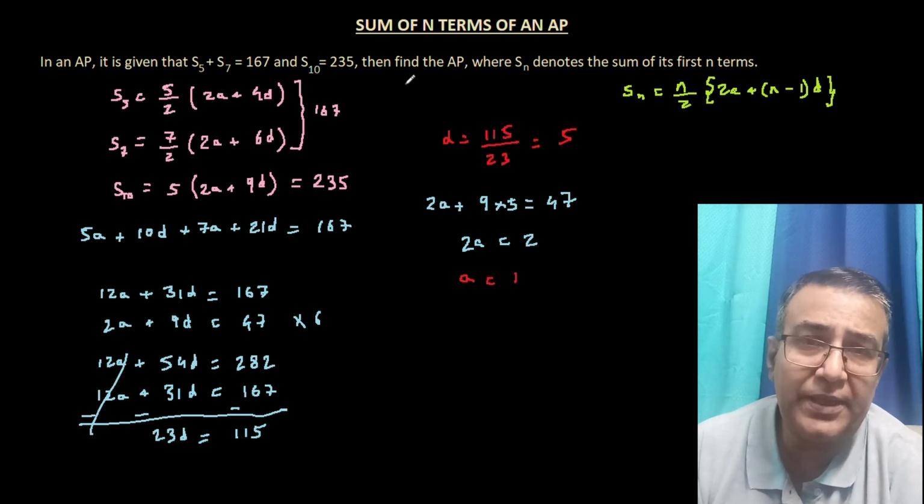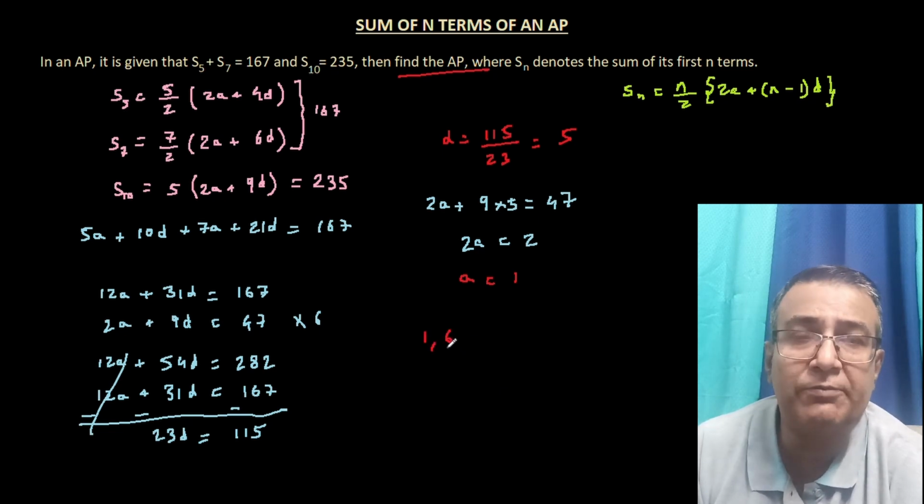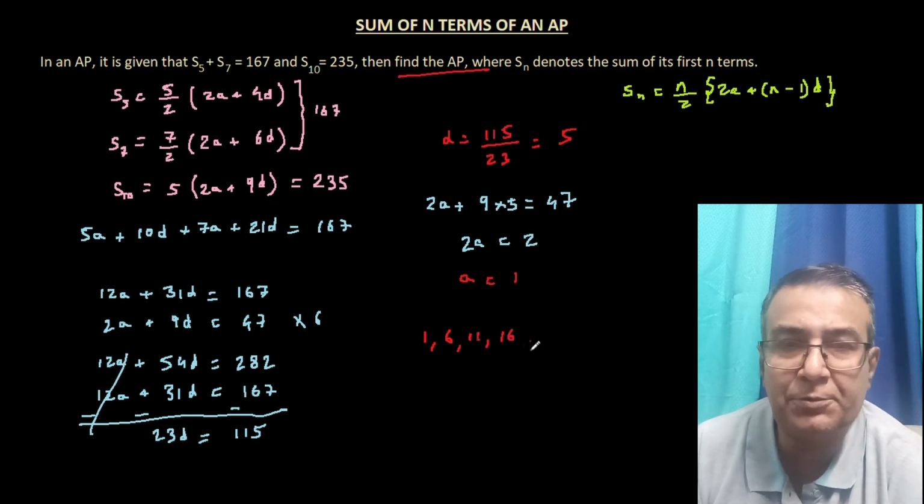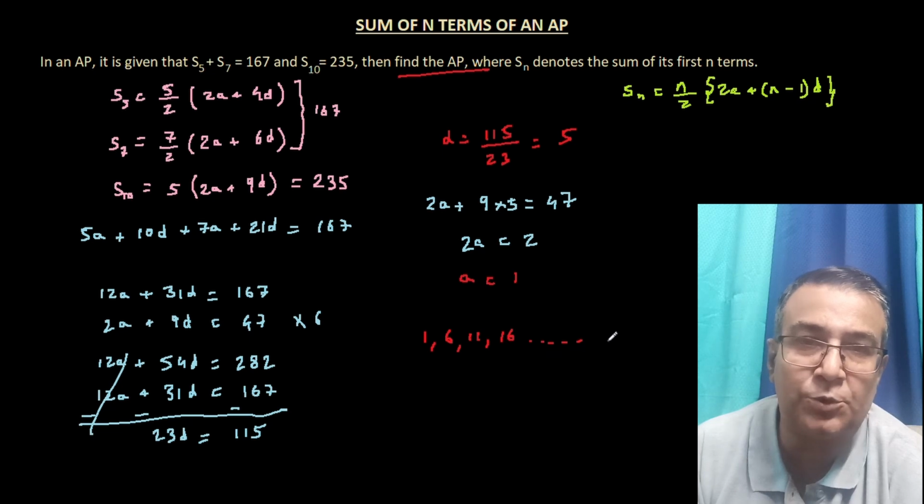And since we had to find the AP, the first term a is equal to 1, the common difference is 5, so when we add 5 to 1 we get 6, add 5 to 6 again we get 11, add 5 to that again we get 16, and so on.